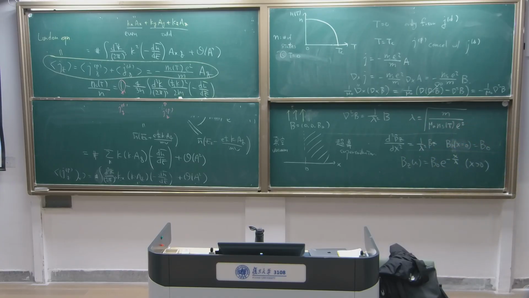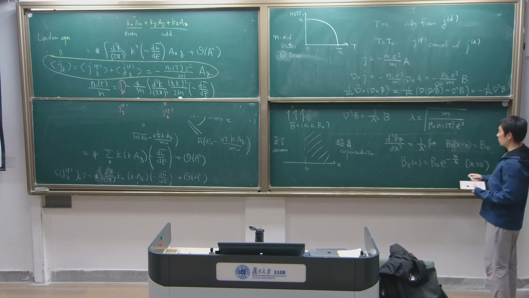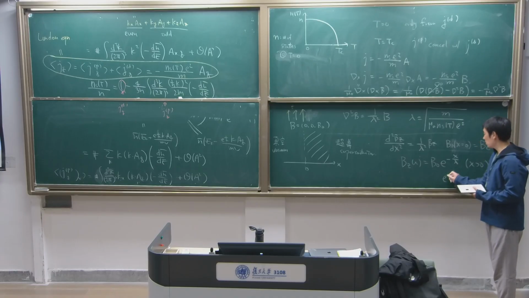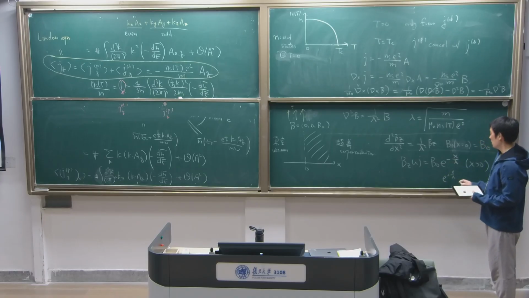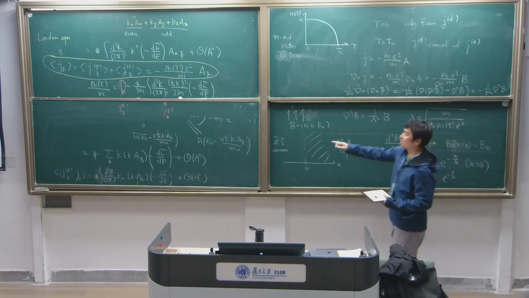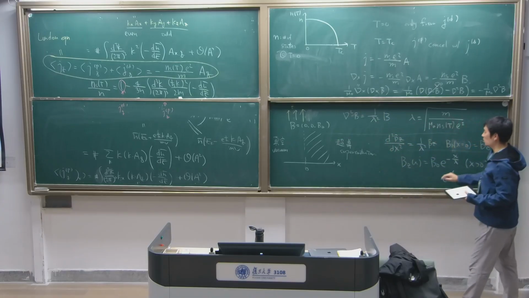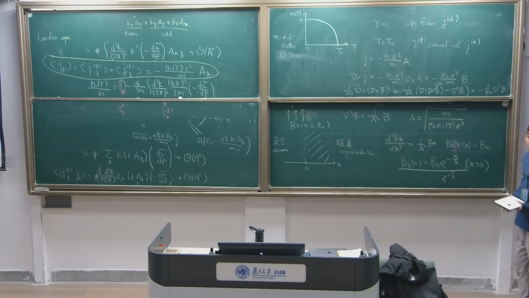Here there are two solutions. One is e to the x over lambda and the other is e to the minus x over lambda. But we impose that the solution does not diverge when you go to infinity. So the only solution is the exponential decay.